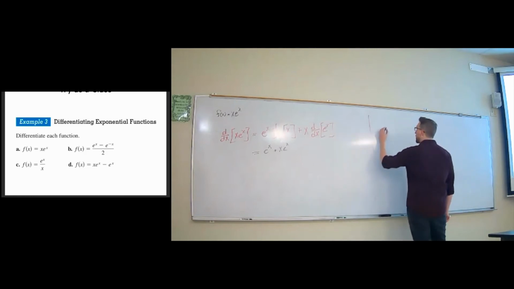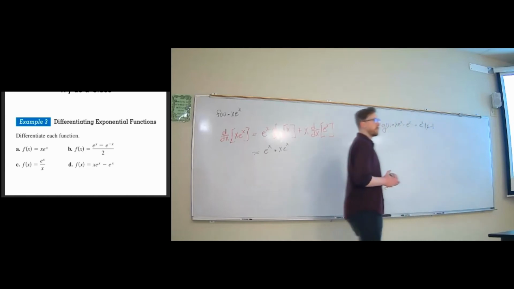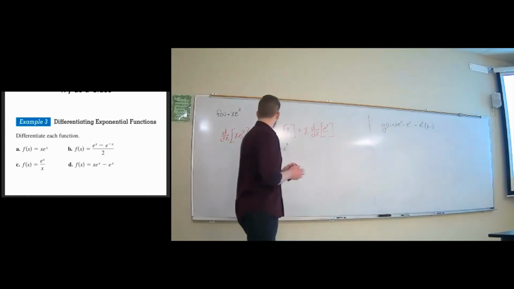So we're told in B that our function g of x is equal to x e to the x minus e to the x. Well, this thing can be rewritten as e to the x times x minus 1. Now let's apply the product rule to that.